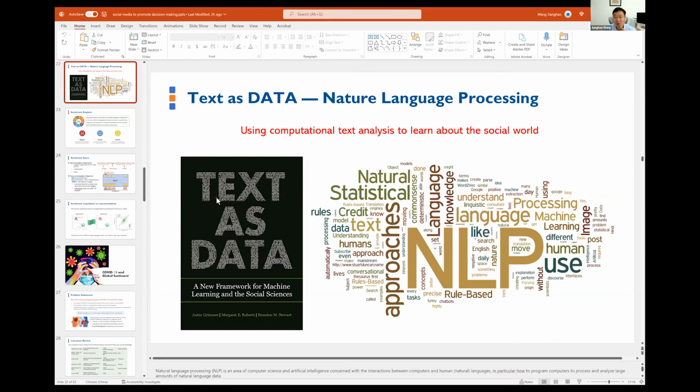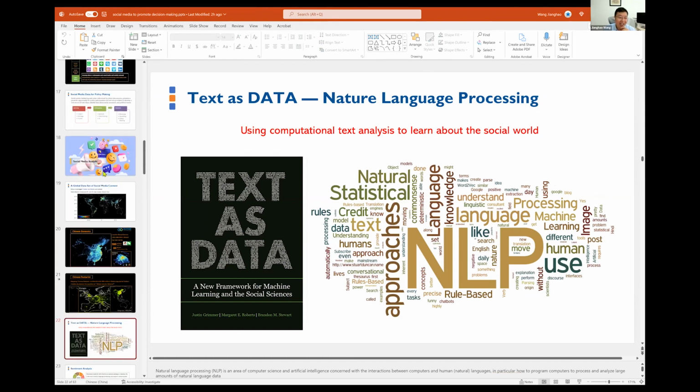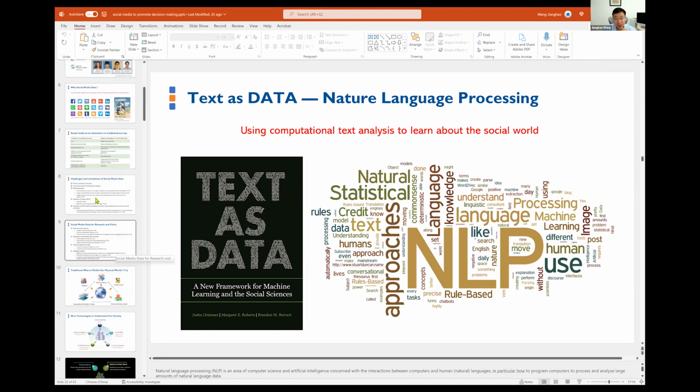They have many explanations on how to use text for your research. I think it also includes what I taught here. For your question regarding the econometrics models, yes, our team is a cross-discipline team.